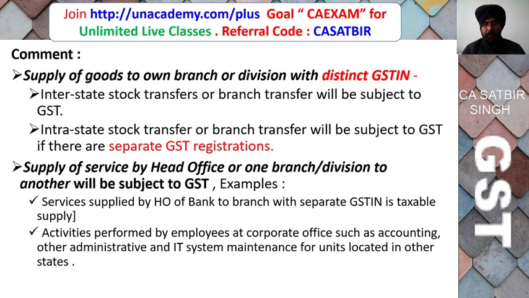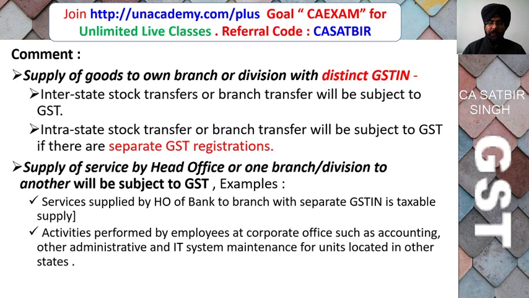But if there is no separate GST number, then transfer from one office to another office within the state is not liable for GST. Supply of service by head office or one branch division to another will be subject to GST. An example is services supplied by the head office of the bank to the branch with a separate GST number.